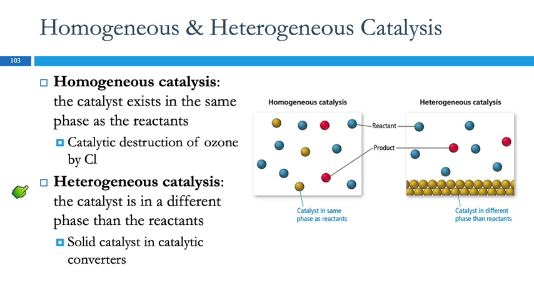Heterogeneous catalysis is where the catalyst is in a different phase than the reactants. An example of that is a catalytic converter. So heterogeneous catalysis, we have our reactant molecules here and our products in the gas state, but the catalyst is a solid, different state. Here, all of it's in the same state. Okay?